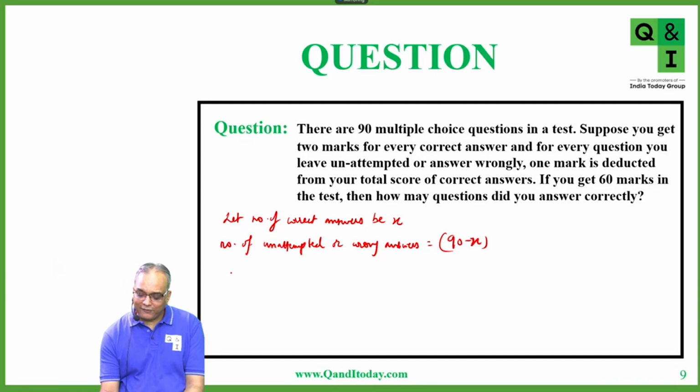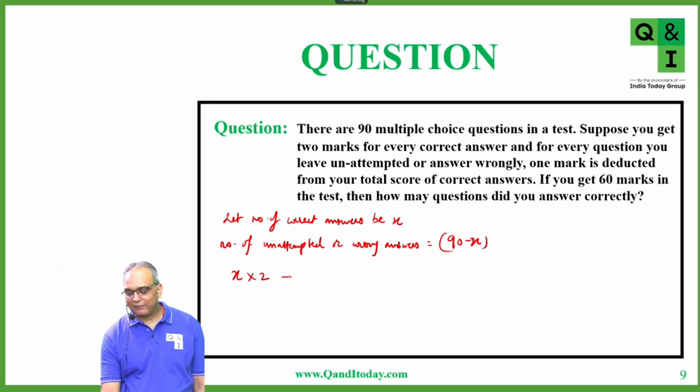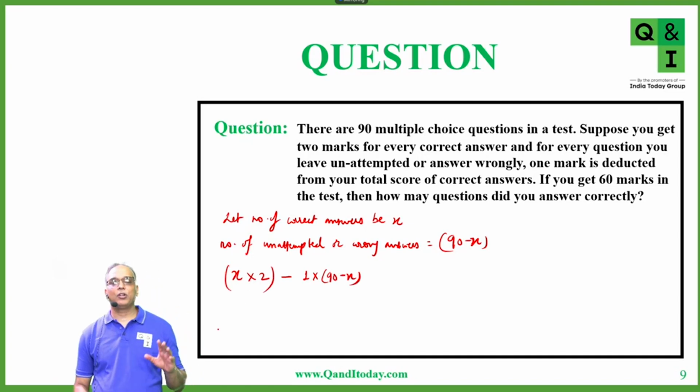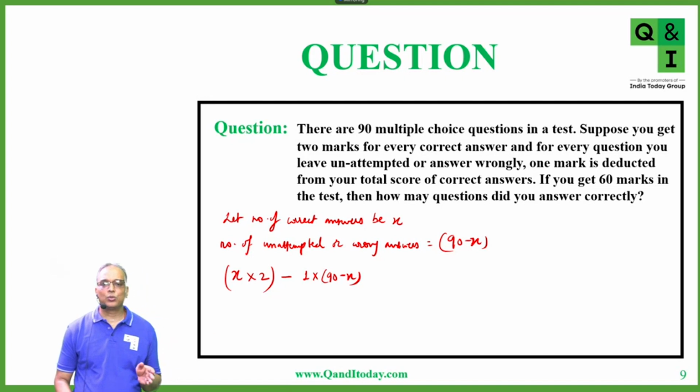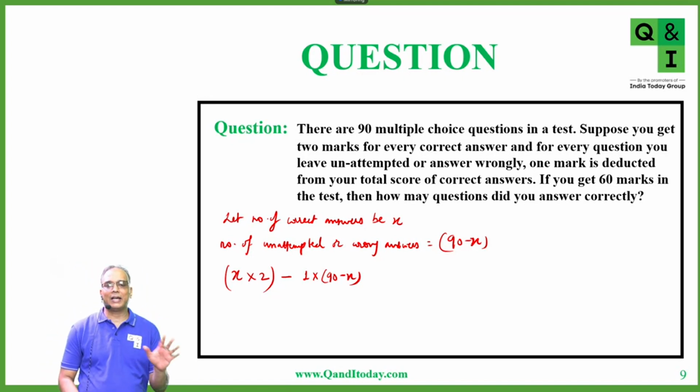So for every correct answer, he has 2 marks. So X into 2 will be the total marks for correct answers, and the total negative marks will be subtracted from it. So let's say the number of correct answers is X. We multiply it by 2, we get the total marks obtained for correct answers.